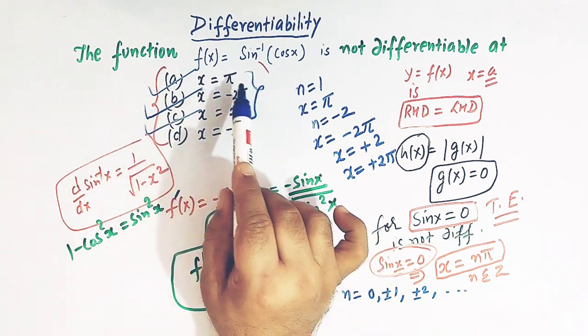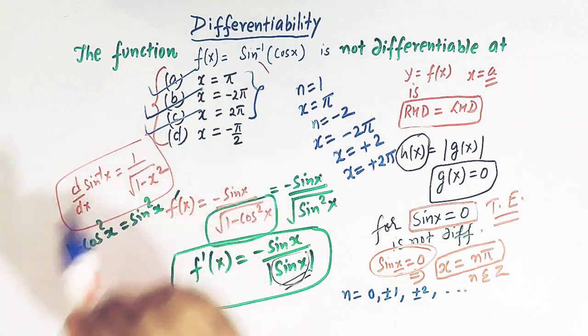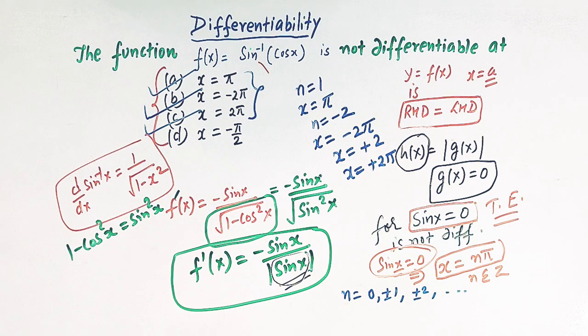So these three options are correct, that is options A, B, and C.